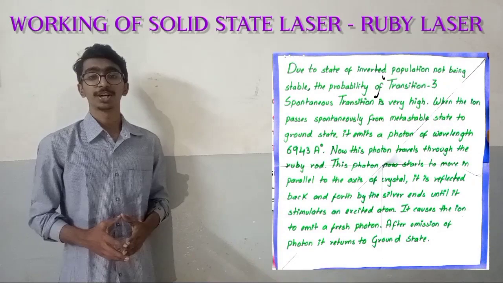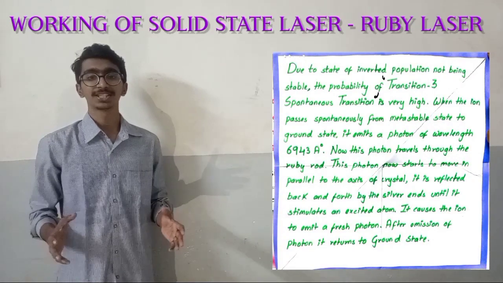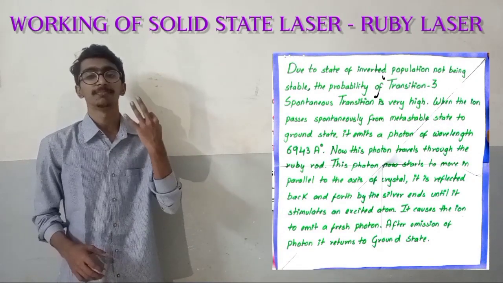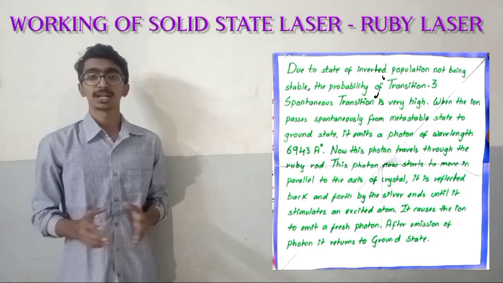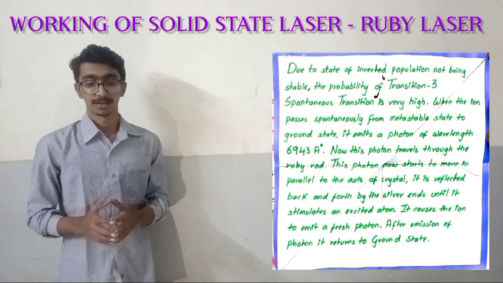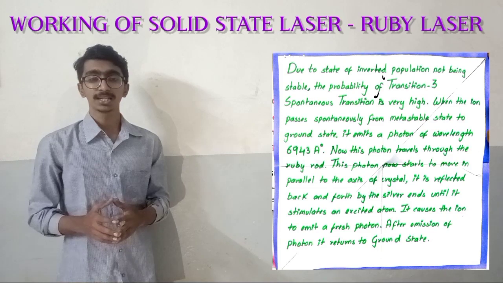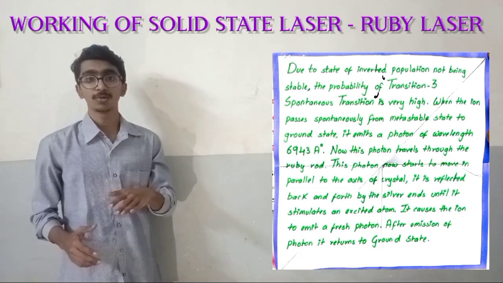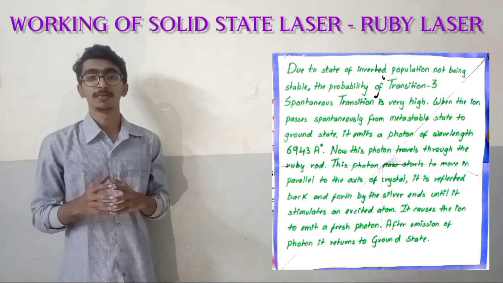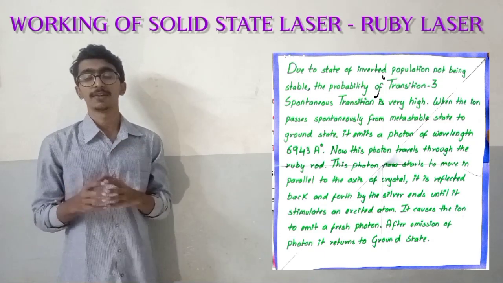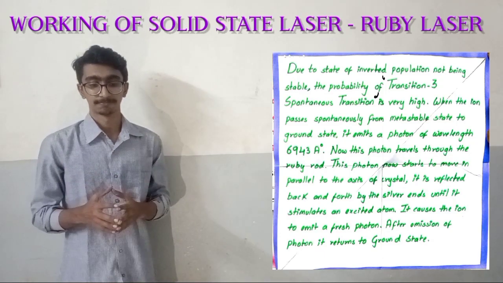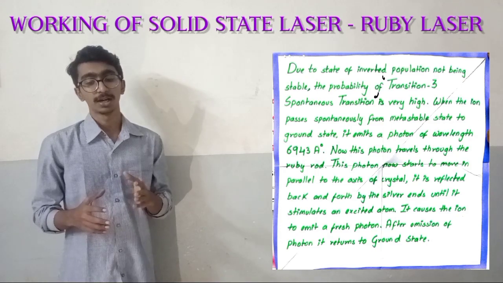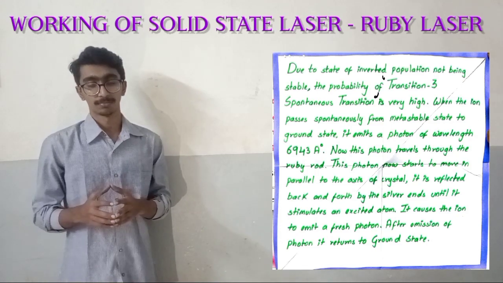Third, due to the state of inverted population not being stable, the probability of transition number 3, spontaneous transition, becomes very high. When the ion passes spontaneously from the metastable state to the ground state, a photon of wavelength 6943 angstrom is emitted.